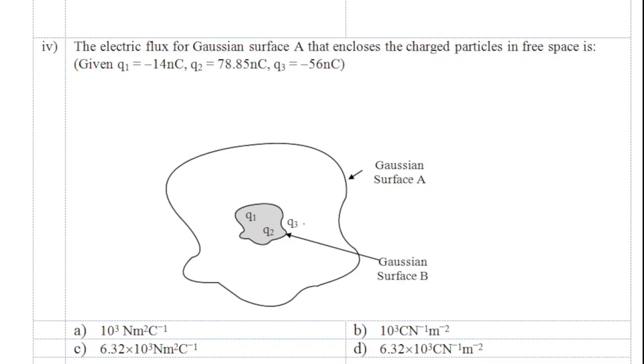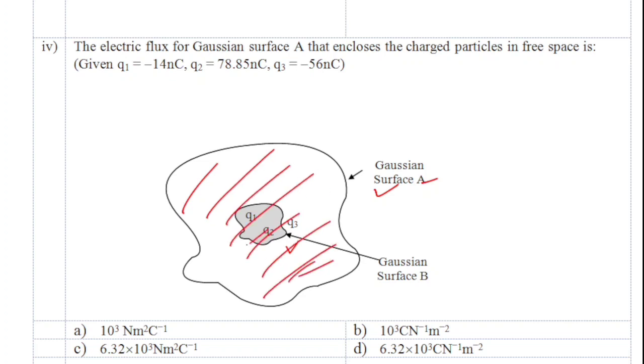One surface is this one, Gaussian surface B, and the one is this one, Gaussian surface A. The electric flux for Gaussian surface A that encloses the charged particle in free space is. You have to find total electric flux for this surface. It means you have to find first how much charge is enclosed within this surface, Gaussian surface A. And then you have to calculate total electric flux. What is total electric flux according to Gauss theorem?